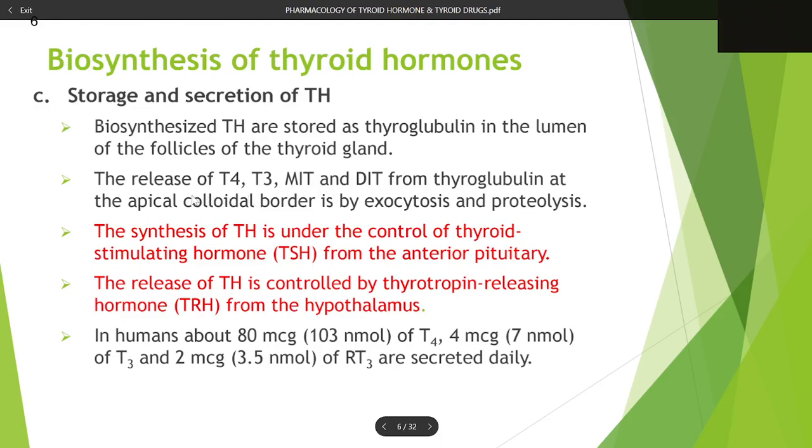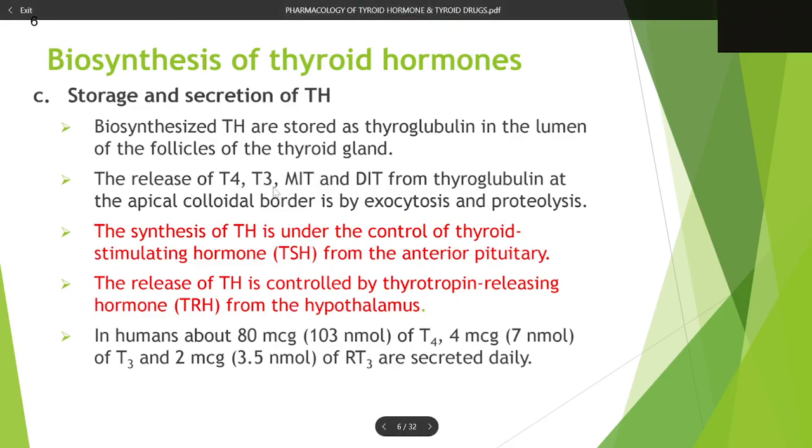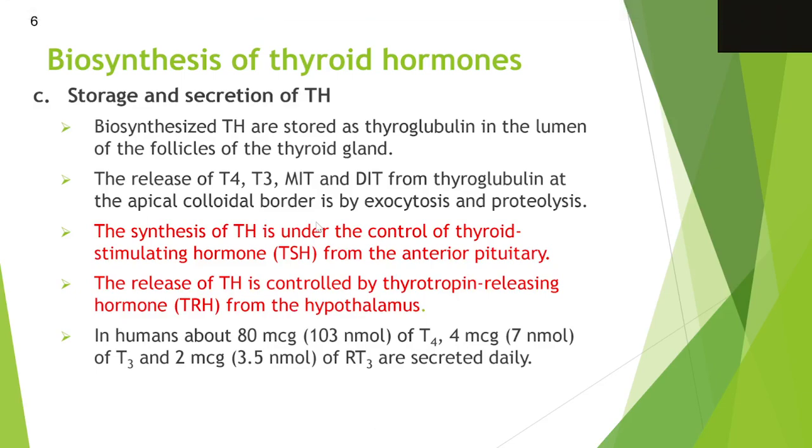The release of T4, T3, MIT, and DIT from thyroglobulin at the apical colloidal border is by exocytosis and proteolysis.